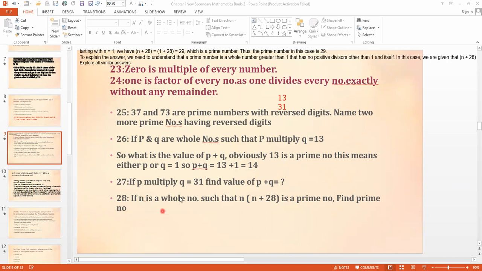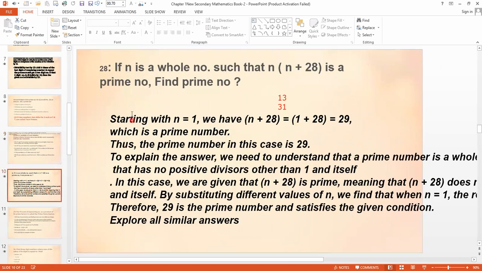If n is a whole number such that n times (n plus 28) is a prime number, find the prime number. Again, I will write the solution for you. It is very much easier. Two terms are given, n and n plus 28, so I start the value of n with the first number, that is 1.